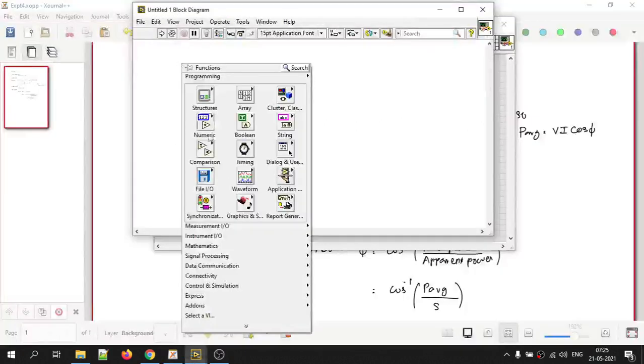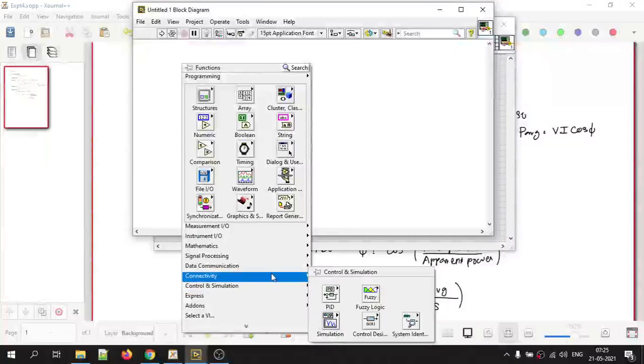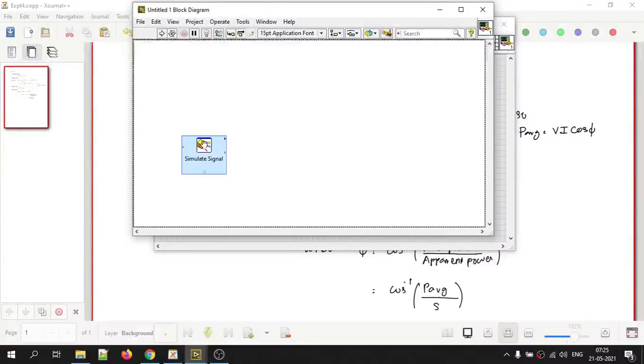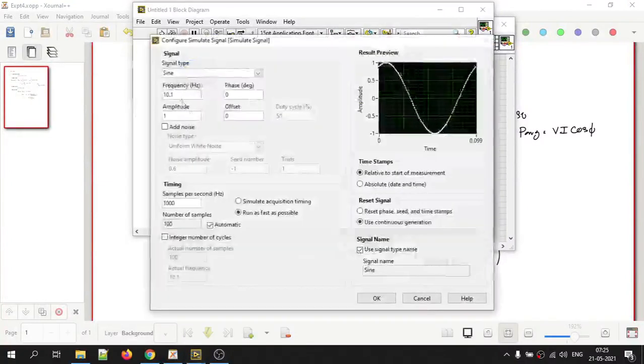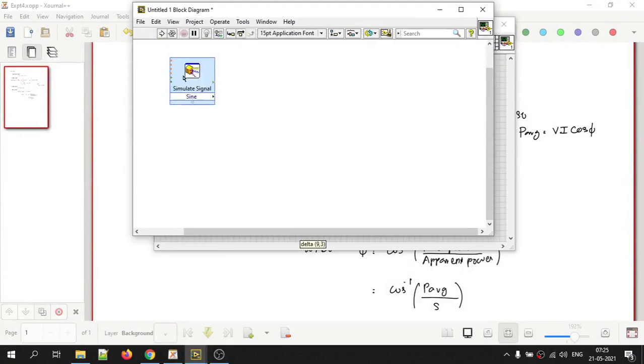In order to simulate the acquisition of current as well as voltage, let us create two simulate signals blocks. Let us set the frequency as 50 Hz and ensure that your sampling rate is at least 20 times the frequency of the signal.